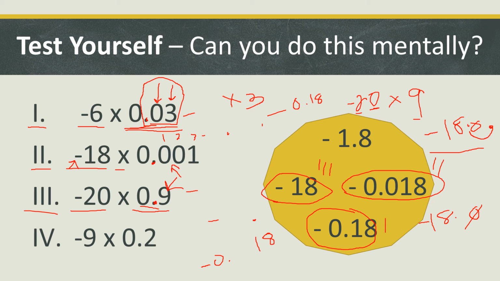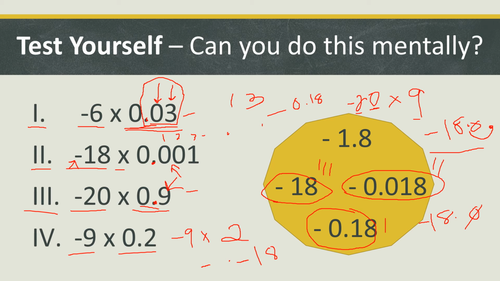Let's move on to number 4 here. Negative 9 multiplied by 0.2. So we remove the decimal point from the 0.2 and we'll be left with 2, and we multiply it by negative 9. So negative 9 times 2 is 18, and we can't forget the negative here.